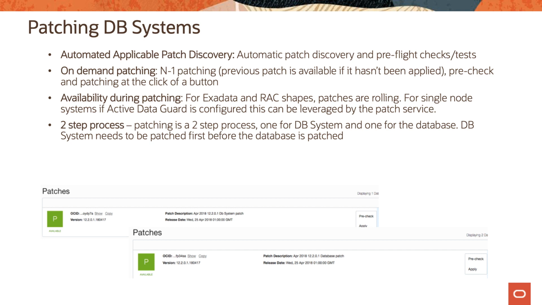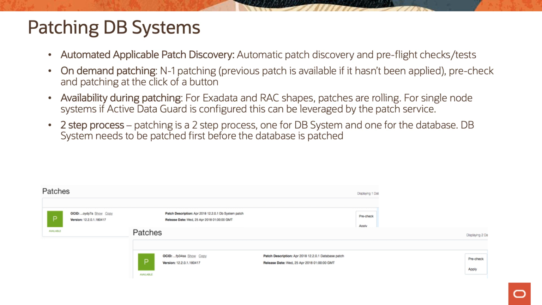In the case of Exadata and VM rack shapes, patches are applied in a rolling fashion. However, for single node DB systems, if Active Data Guard is configured, this can be leveraged by the patch service. Otherwise, you will have a downtime for single node DB systems when you are applying a patch.